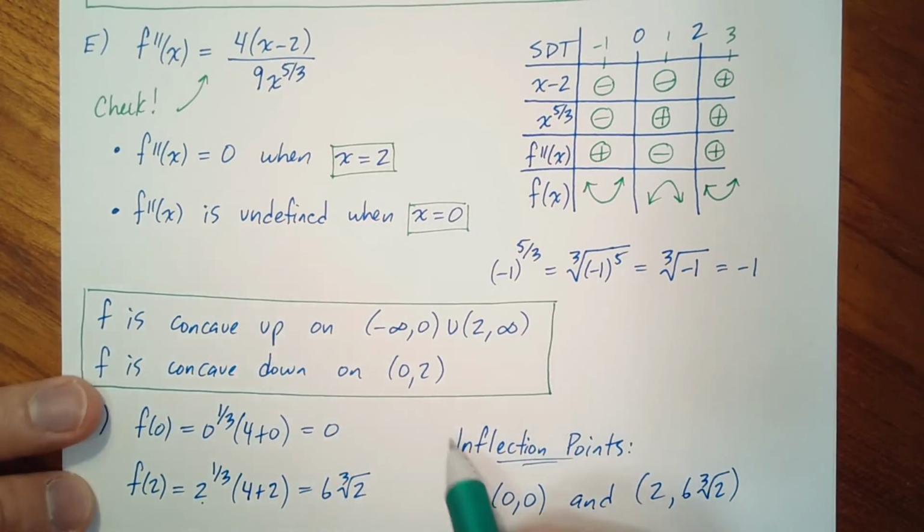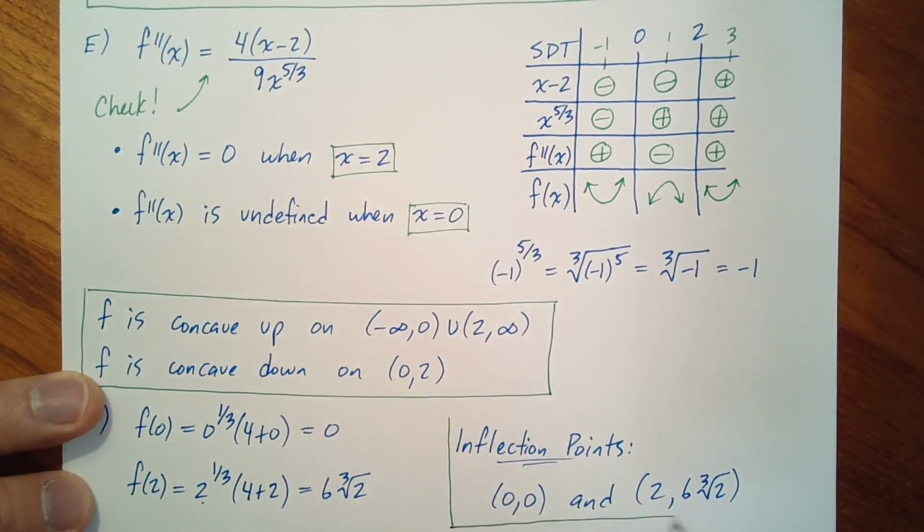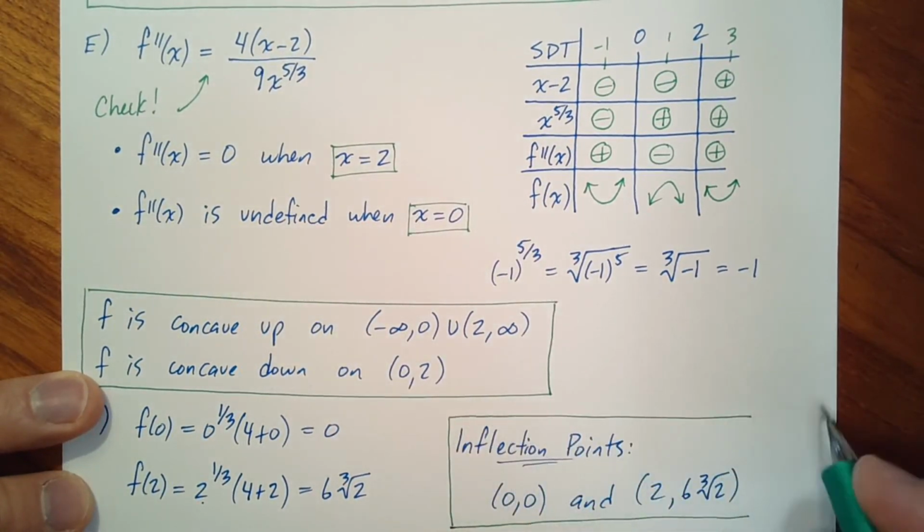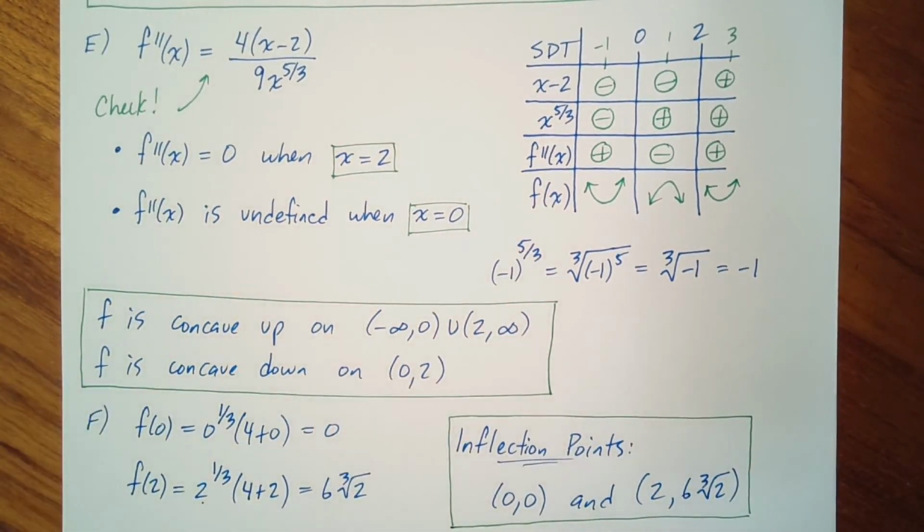So that is your inflection points. So now we have absolutely every piece of information that we are currently equipped to find. So now we're ready to actually start the graph, which we will now do on the next page.